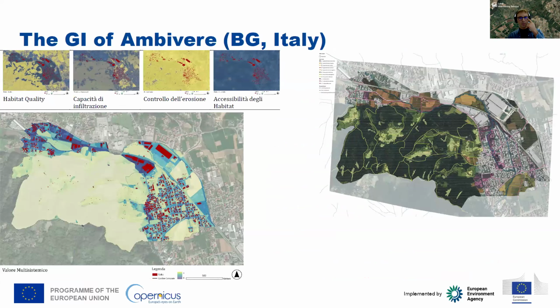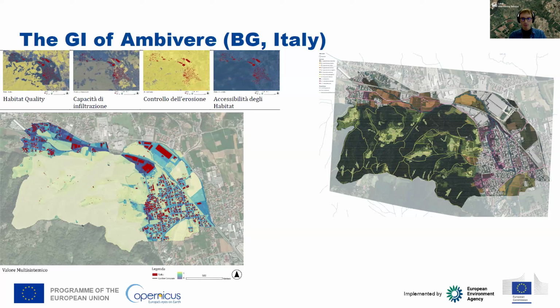So the second case that I'm going to present is not an exercise made by students, but that's a real commitment that we have here in Milano. The municipality is a small one. Its name is Ambivere, but more or less the approach that I was having within my research group here in the lab is the same. So having multiple maps of ecosystem, here we have infiltration capacity, habitat quality, erosion control, and accessibility to the habitat.